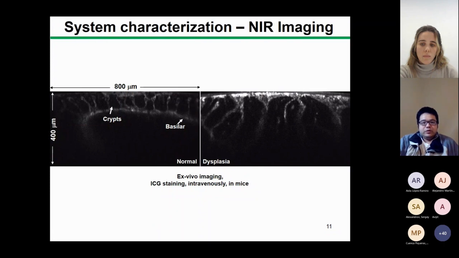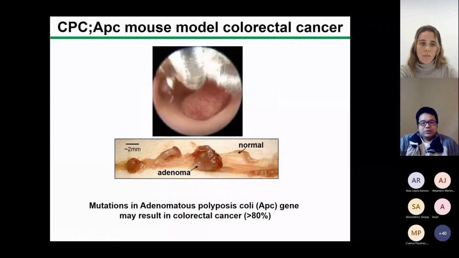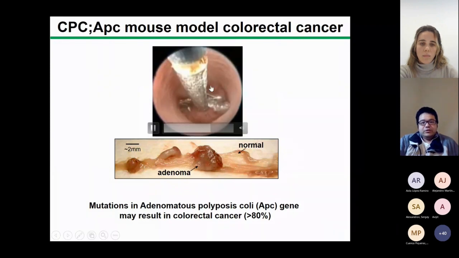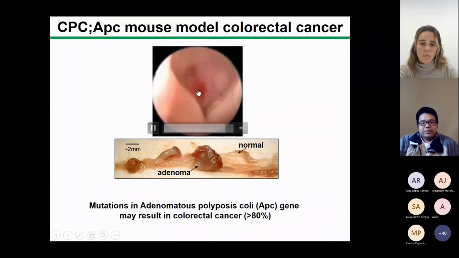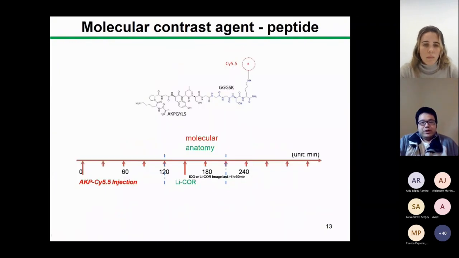You can tell the difference between normal and dysplasia areas using dye staining. This is the mouse model we used, and you can tell the dysplasia area. We did a biopsy also to confirm it's a tumor area.